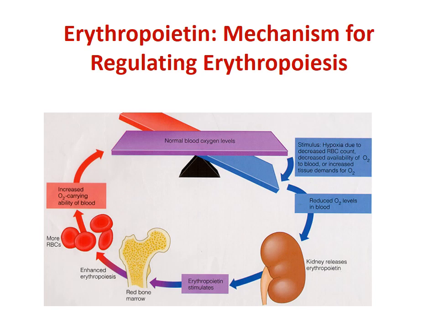So look at the beginning, normal oxygen levels. Whenever the normal oxygen levels are disturbed, the stimulus is hypoxia, due to decreased RBC count, decreased availability of oxygen in the blood, or an increased tissue demand.